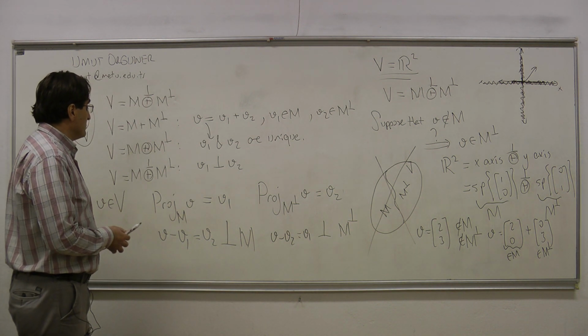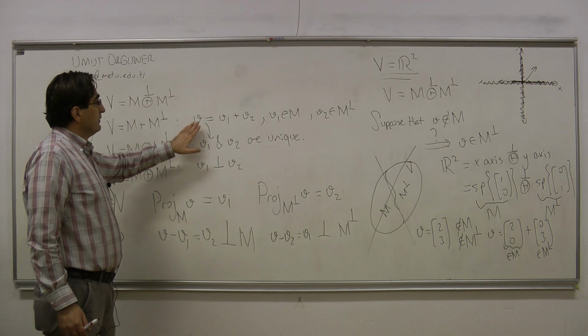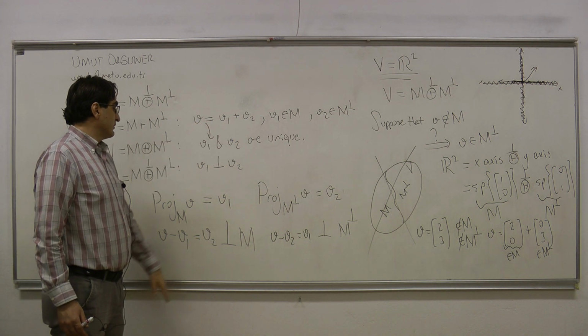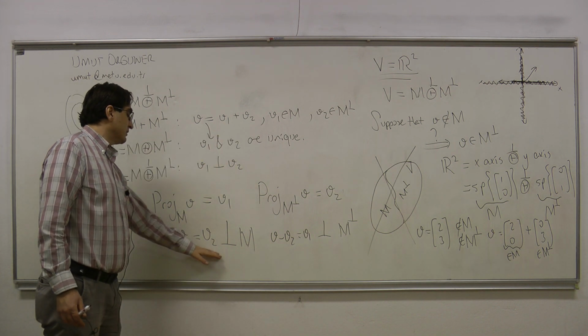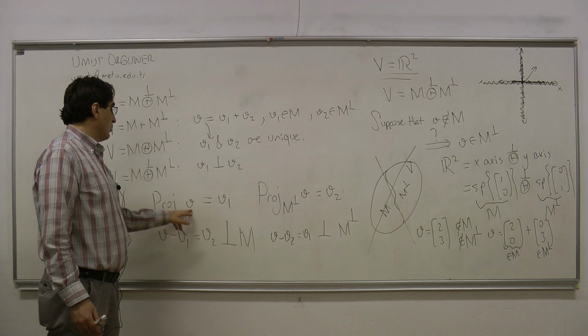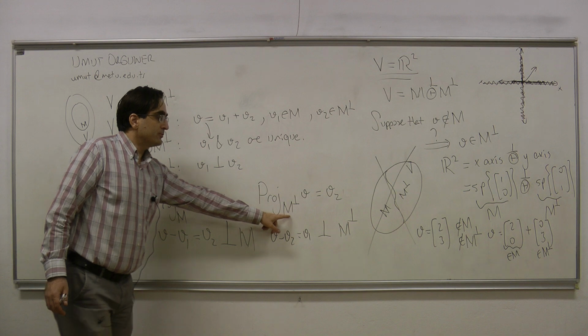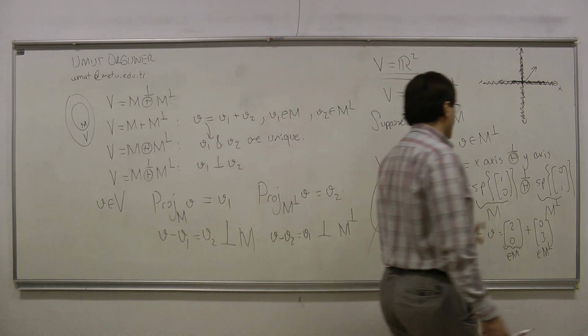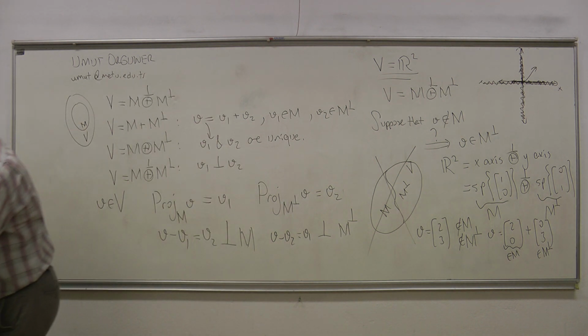So I want you to remember that when we decompose V into two vectors, these two vectors that we find in our decomposition are nothing but the orthogonal projections of this vector V onto the subspace M and subspace M orthogonal complement. That is going to be important in the later parts of the course.